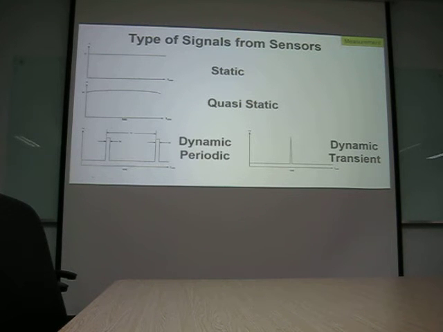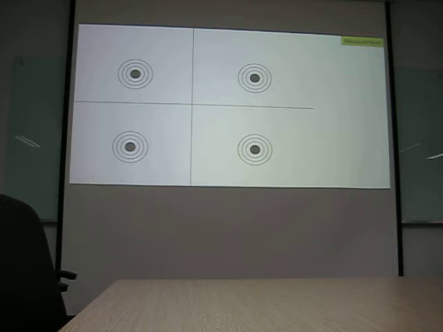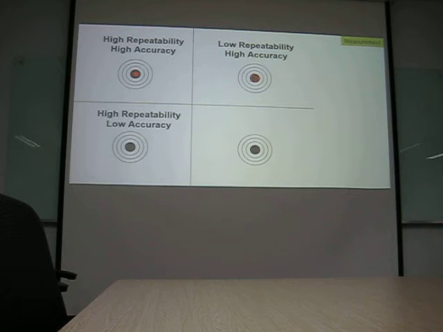For example, high repeatability, high accuracy means the points go inside the target. Low repeatability, high accuracy is spread out. High repeatability, low accuracy. Okay, this one is low repeatability, low accuracy, and this one is useless. You cannot do anything with it. This one is the worst.